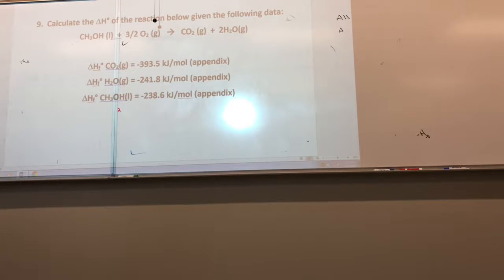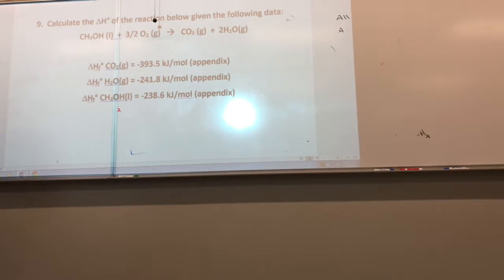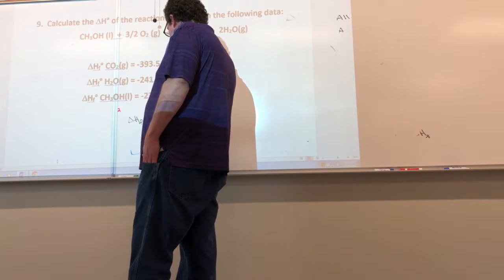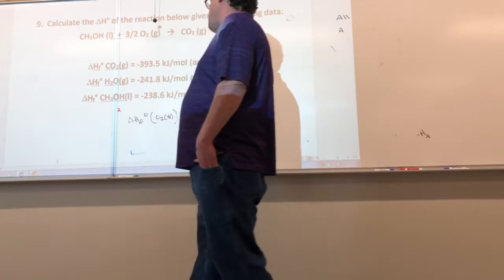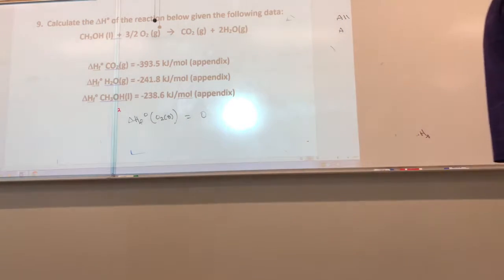I want to calculate the delta H0 value for the reaction below, given the following data. You're told the heat of formation of CO2 gas, of water, and of methanol. And you're not given the heat of formation of O2. Why not? What is the heat of formation of O2 gas? 0. That's why it's not given. So you should know that.